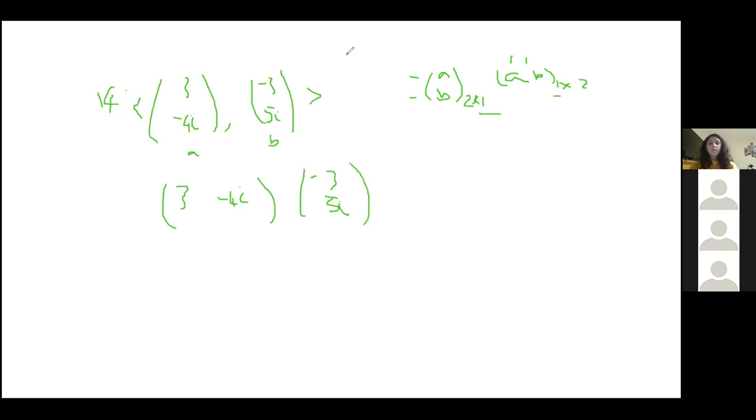And then what you do is you multiply each element. So this is the first element. You multiply that by the first number. So 3 times -3 is -9. And then you take the second number and multiply that by the second number.